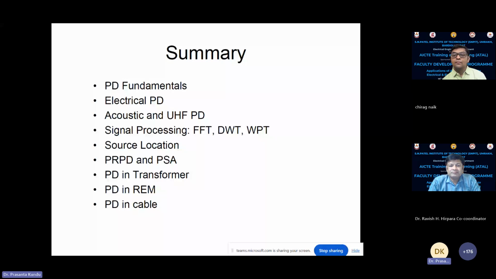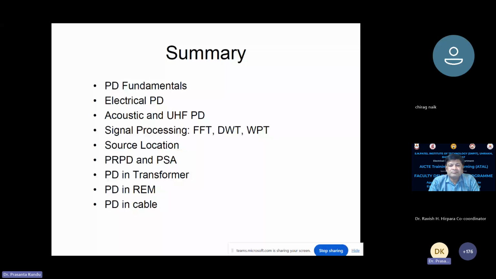This is basically for renewable energy penetration, because from overseas and other locations, cable is the most popular, but you cannot use it for AC transmission because of the charging current. Hence DC cable, DC PD analysis, and so PSA comes in.